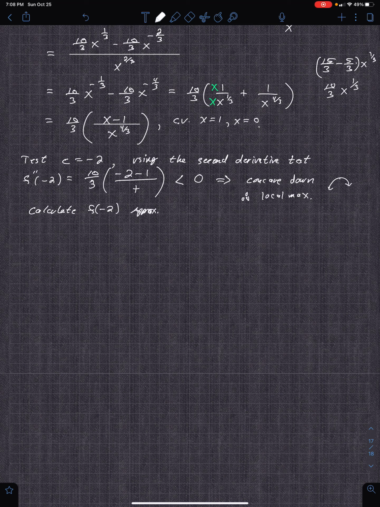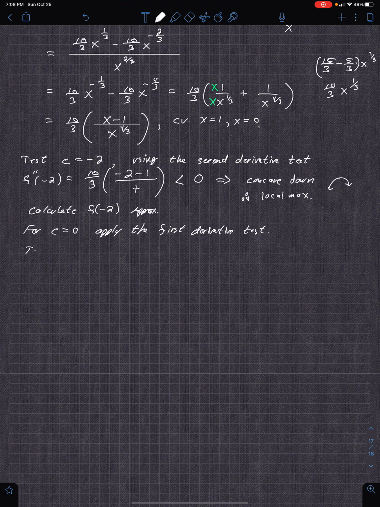All right, so for c equal to 0, we can't plug it in because it's undefined. So apply the first derivative test. So first derivative test, we're plugging values around 0, but not all the way to -2.